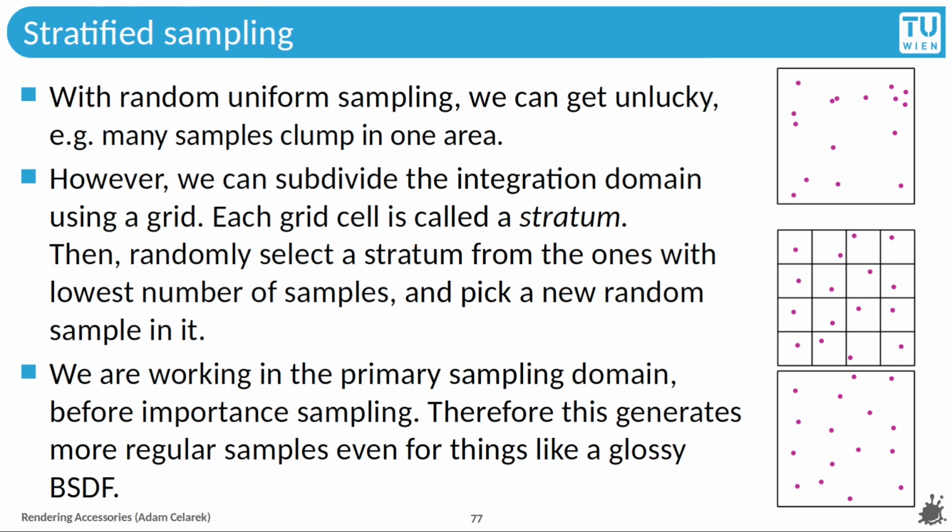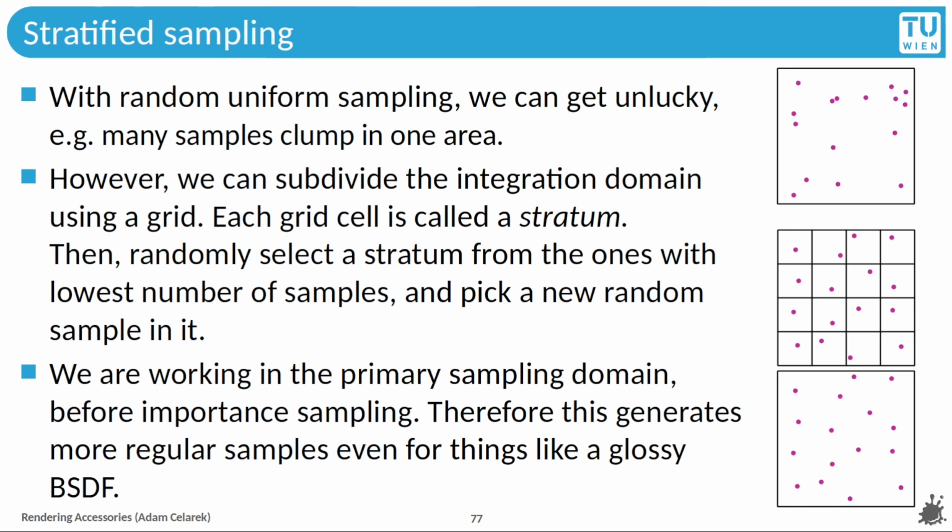Okay, well, but let's think whether this can scale to 4, 6, 10 and more dimensions of a path space integral. The curse of dimensionality kicks in again. We can't have even one sample per grid cell for all of the grid cells. Same as with the trapezoidal rule, like in 10 or more dimensions.